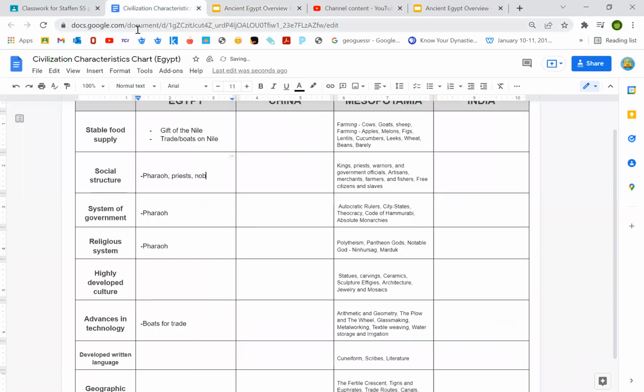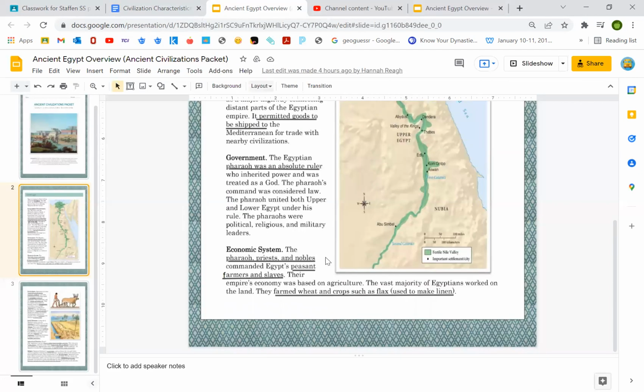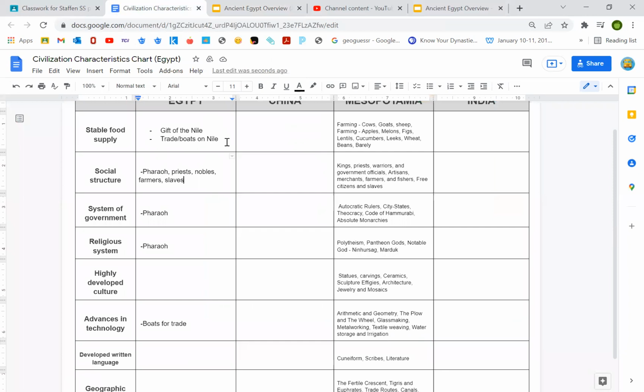Nobles, farmers, slaves. Those are examples of different jobs or levels in a social structure. Their economy was based on agriculture. They farmed wheat and crops such as flax. That's more stable food supply. Farmed wheat, flax.